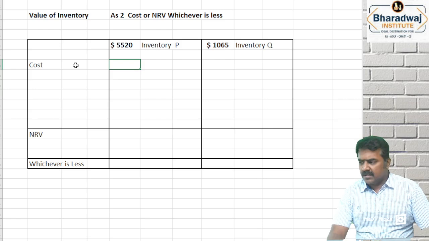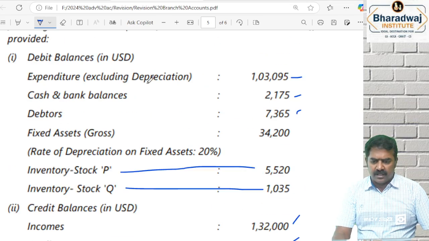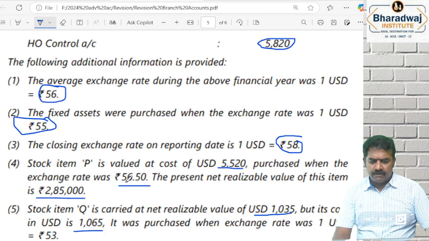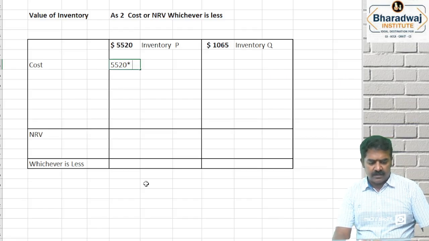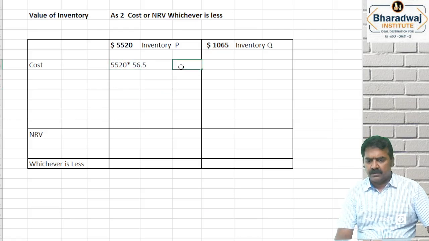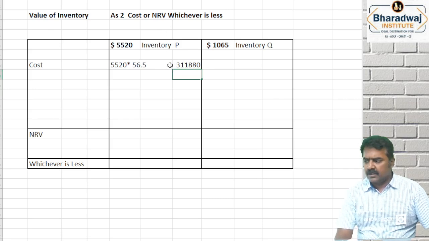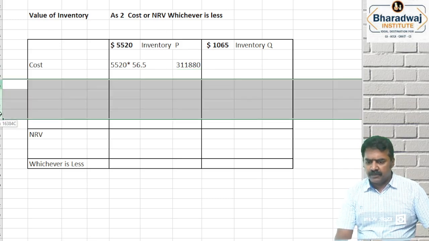What will be the cost? 5520 dollars, purchased at what rate? At the time of purchase it was 56.5. So the cost is 5520 into 56.5, which is 3,11,880.